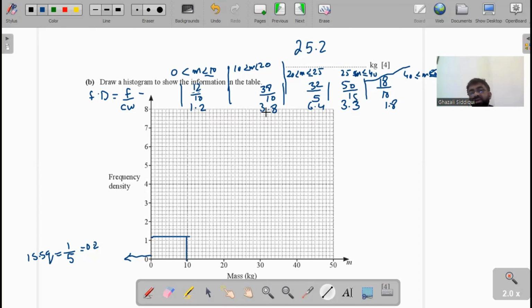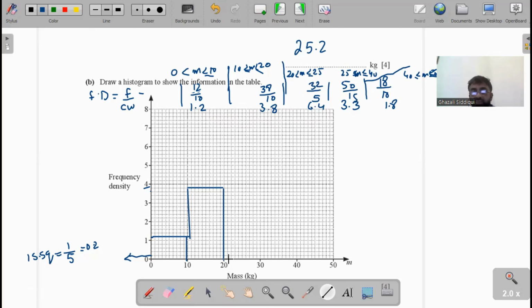Next interval is 10 to 20, and the frequency density is 3.8. The second bar will be at 3.8. The next frequency density is 6.4, and the interval is 20 to 25.